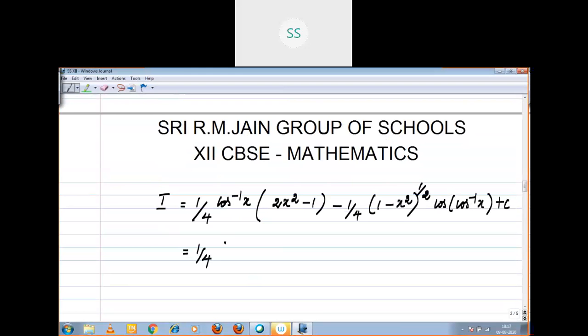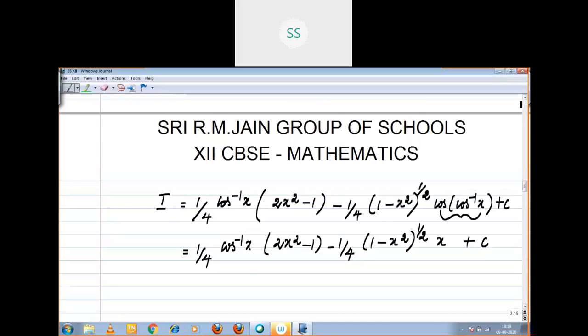Now 1 by 4 into cos inverse x into 2x square minus 1, minus 1 by 4 into 1 minus x square, the whole power 1 by 2, cos of cos inverse x can be written as x, plus c.